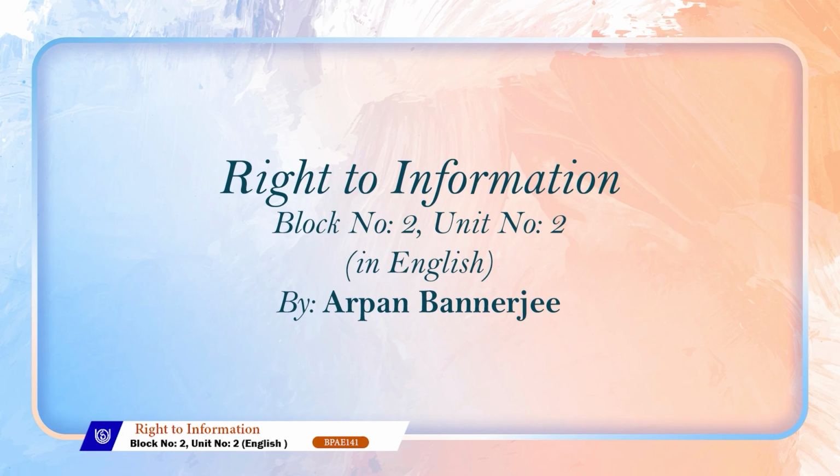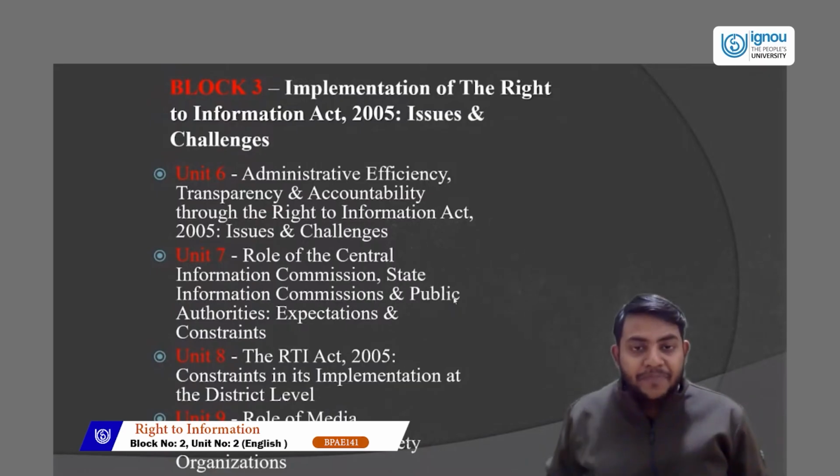Unit 6 will be relating to administrative efficiency, transparency and accountability through the RTI Act of 2005, and what were the issues and challenges that were faced in implementing this Act. That is what the sixth unit of the third block is related to.